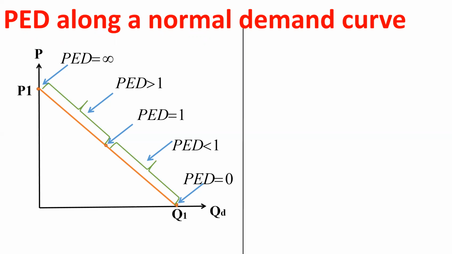The question asks, why is this upper part elastic? The simple argument is this. When the price is high, people are highly sensitive even to a small change of the price. But if we take the bottom part of the graph, PED is inelastic.